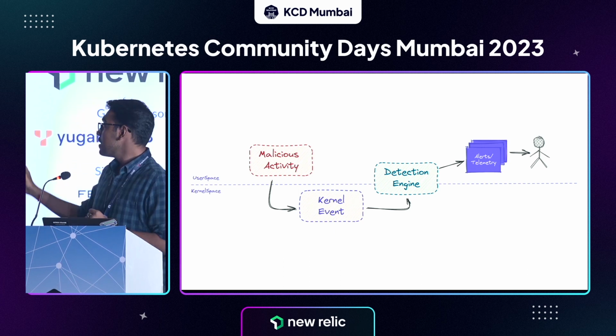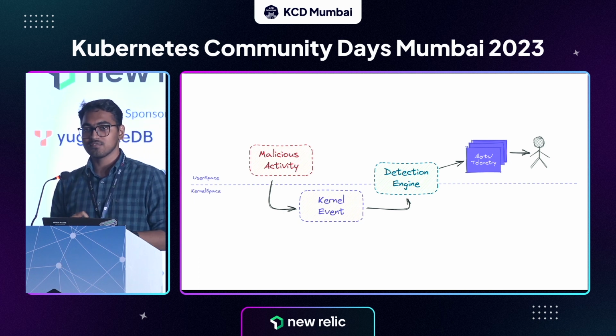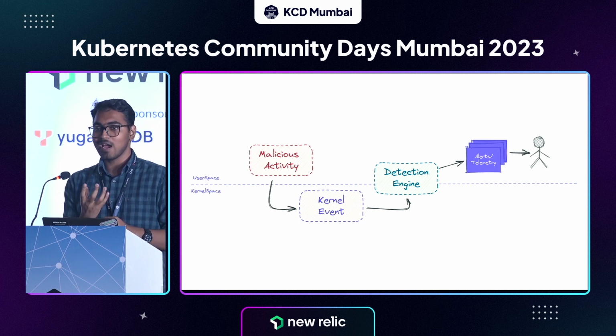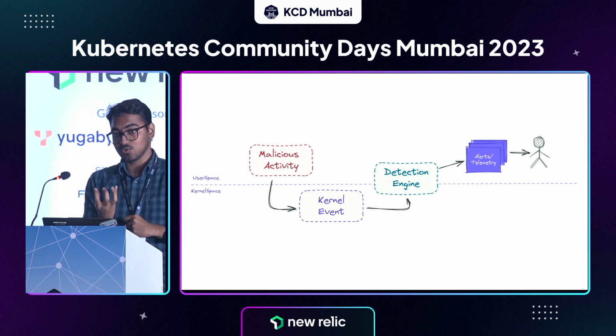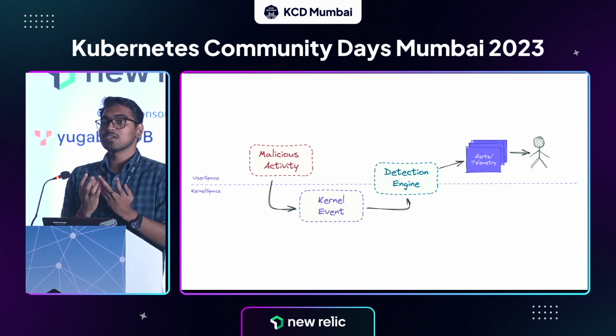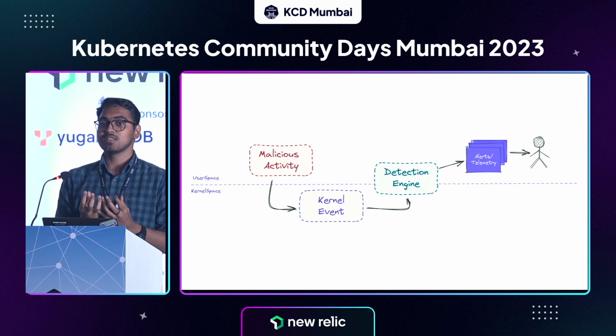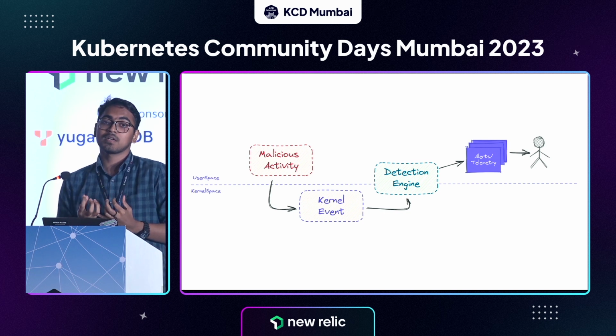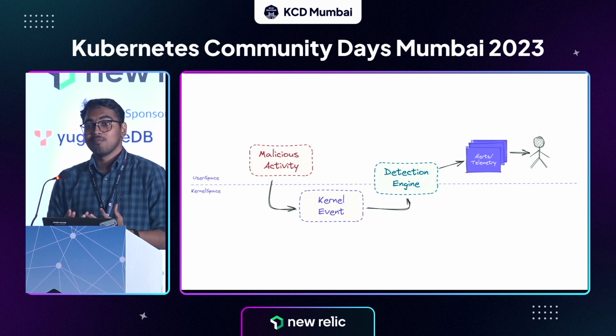But kernel events in themselves are not enough. We cannot really understand and decode the kernel event on its own. We need to get the context as well: this kernel event happened, but it is associated with which container, which cluster.